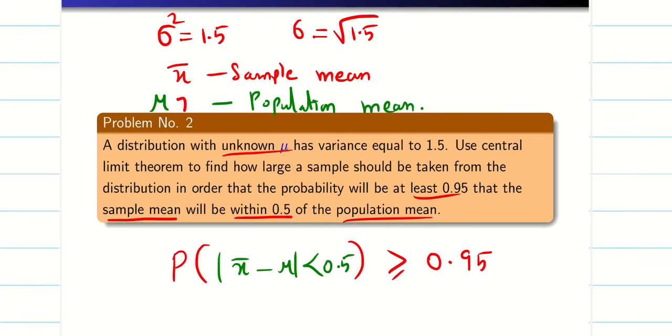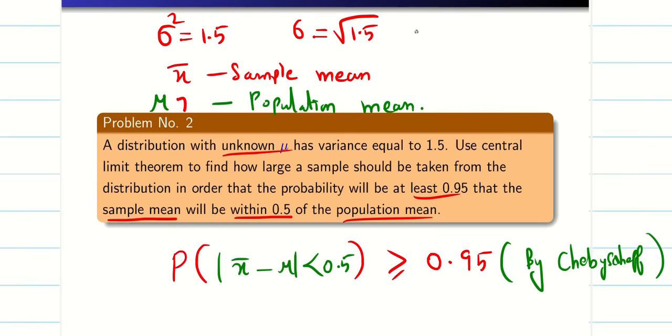Do you remember? This is by Chebyshev. Okay. Now let us take the problem and we'll crack it.